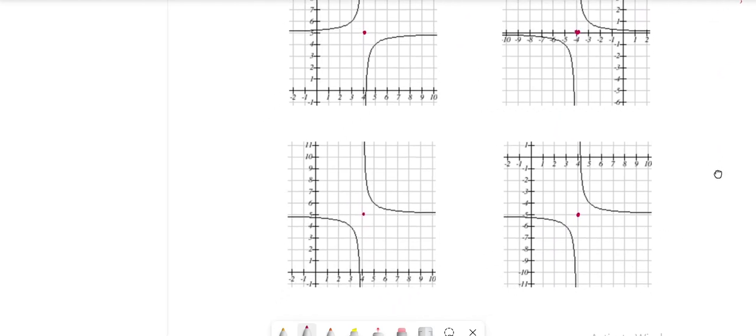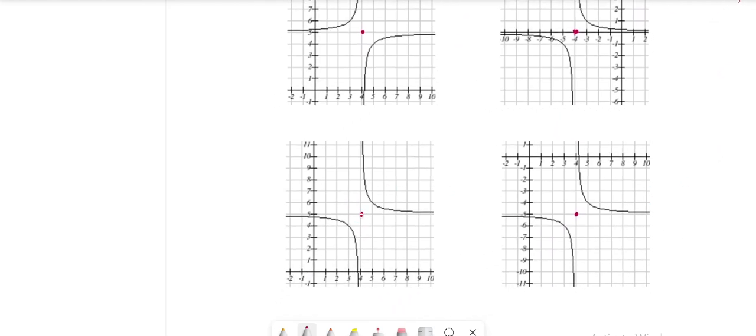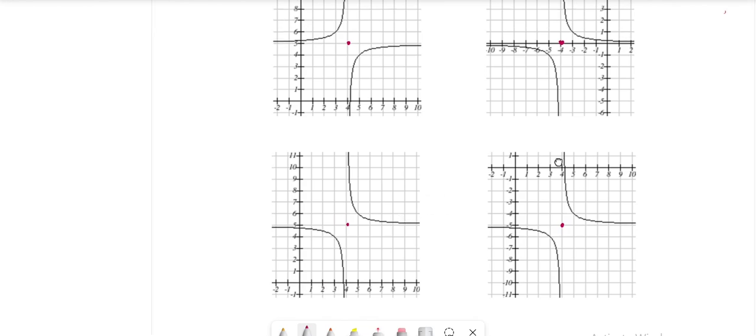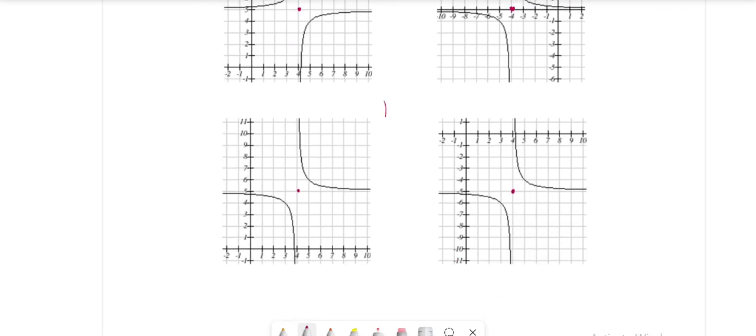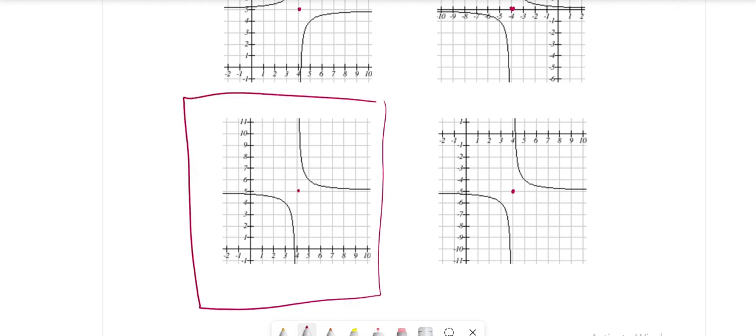So let's keep looking, and we see one where, yes, we've gone right by 4 and up by 5, and we haven't done any horizontal or vertical reflection or rotation. It has the same orientation, the same location of these two components of the graph, as the original parent function. So this is going to be our graph.